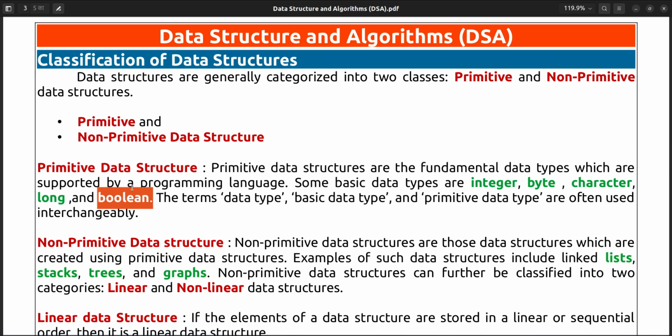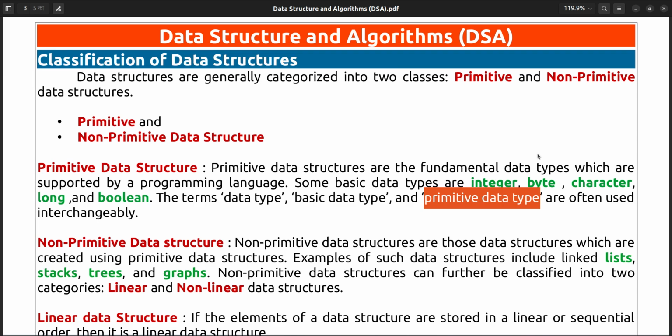The terms data type, basic data type and primitive data type are often used interchangeably. You can say basic data type or you can say primitive data type, both are the same. These are the fundamental data types for the programming language, like integer, byte, character, long, boolean.